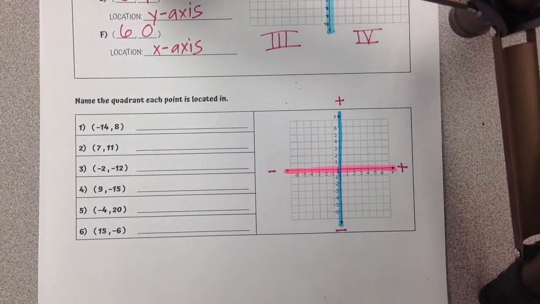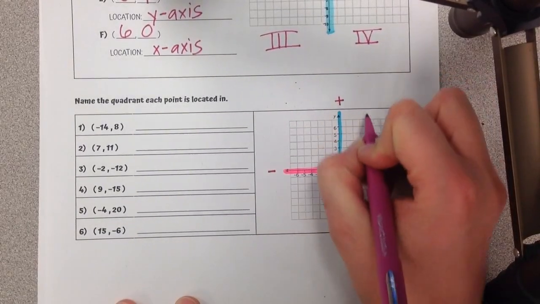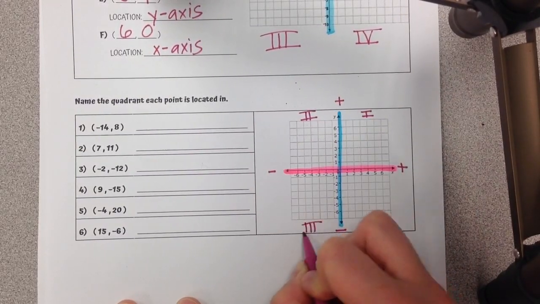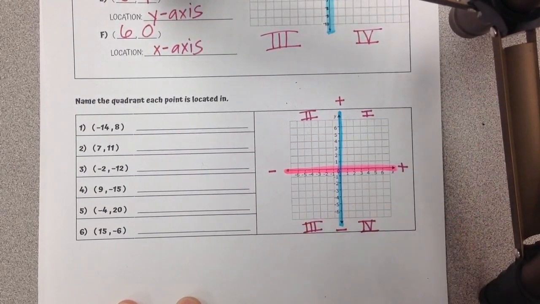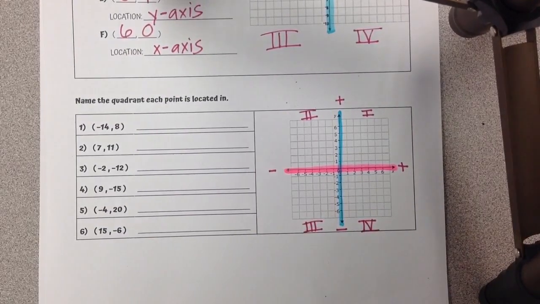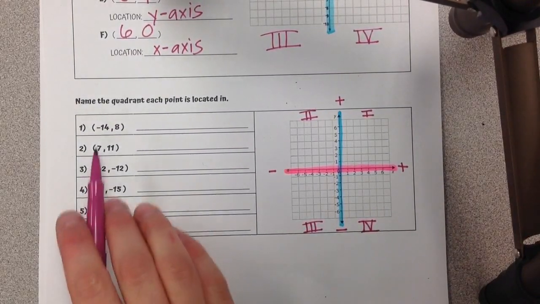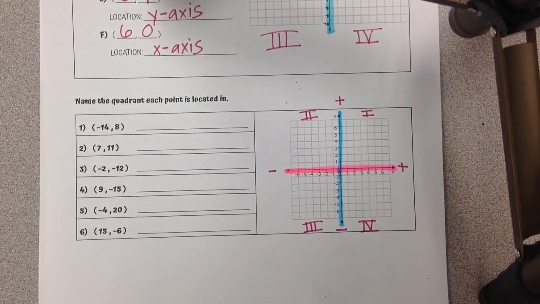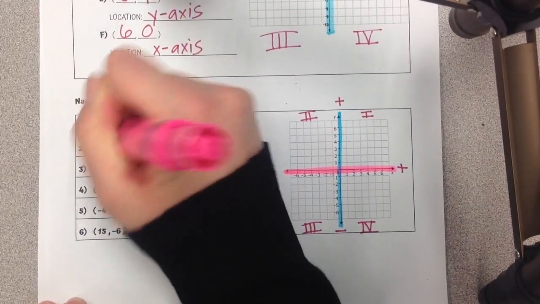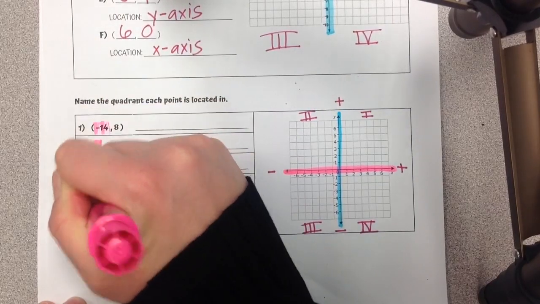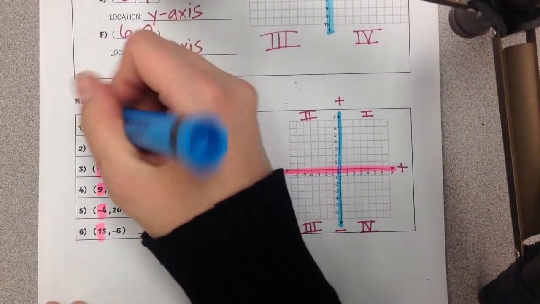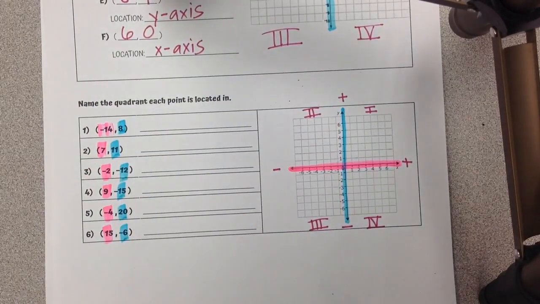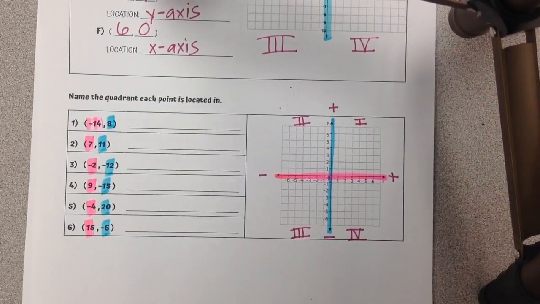I'm going to label my quadrants: quadrant 1, 2, 3, and 4. Based on these values, we're going to label what quadrant they're in. I'm going to highlight all my x values in my pink, my y values in my blue to help me out as well.